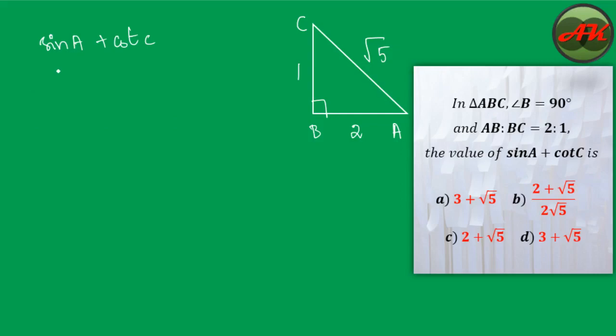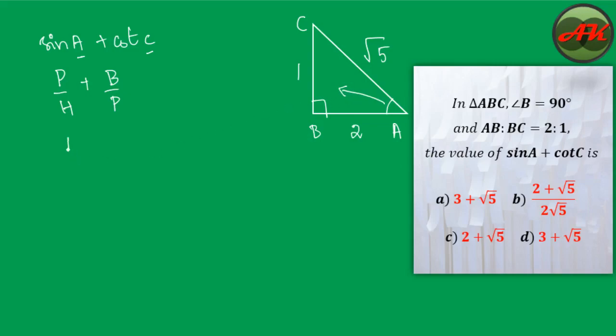We know that sin is perpendicular by hypotenuse, and cot is base by perpendicular. Here they have given sin A and cot C, so according to that we need to substitute the values. For sin A, perpendicular by hypotenuse; for sin A, perpendicular is this side.